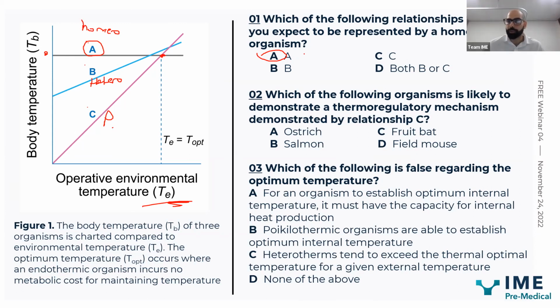But for question 2, it's asking which is likely to demonstrate a thermoregulatory mechanism demonstrated by relationship C. We know that in C, the body temperature increases linearly with external temperature.